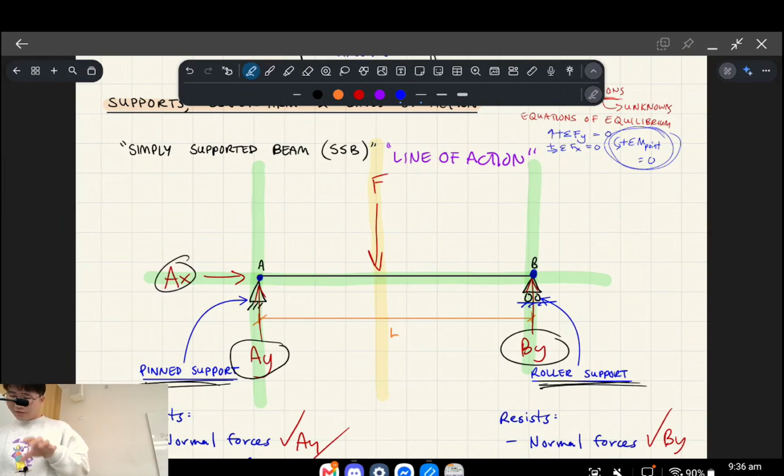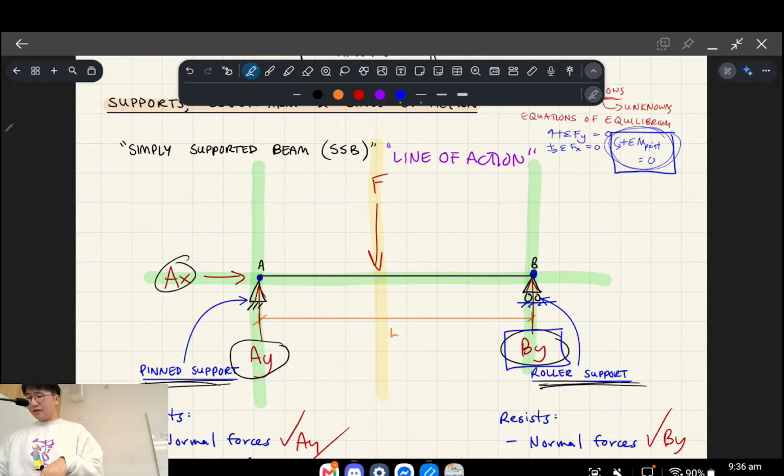Okay, we're solving for these reactions, AY, BY, AX. We need to implement this equation of equilibrium, the sum of the moments about a point, and set it equal to 0. Let's say we want to figure out By.